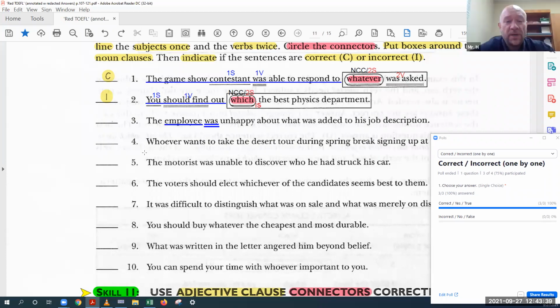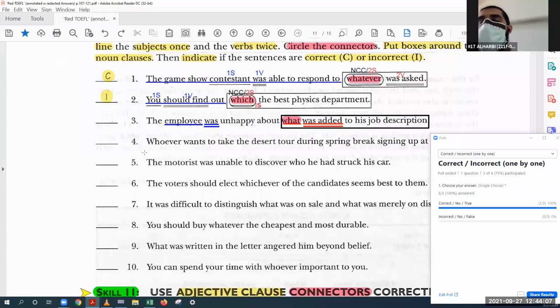Was. Very good. Keep going. What is both subject and connector? Okay. How about the verb? Was added. There you go. And what is the connector? What do you think? Correct? You said correct, right?